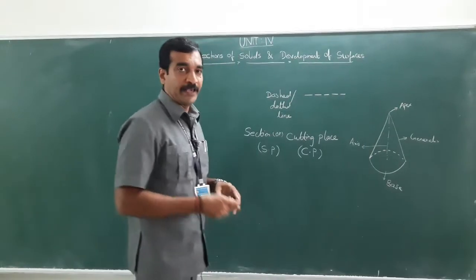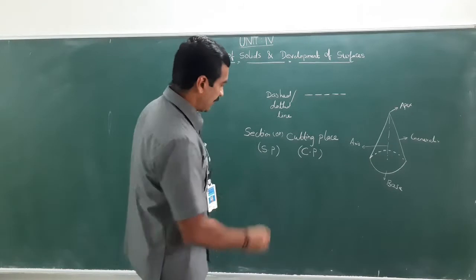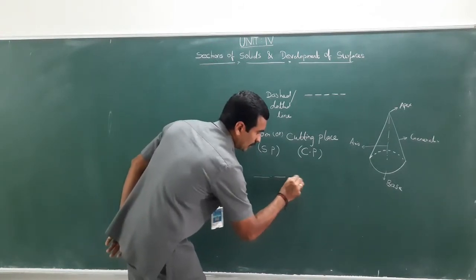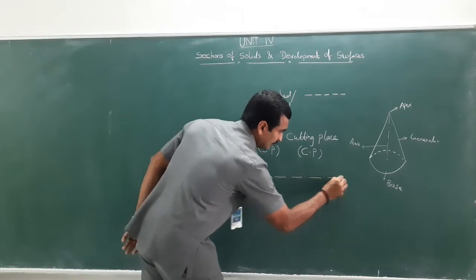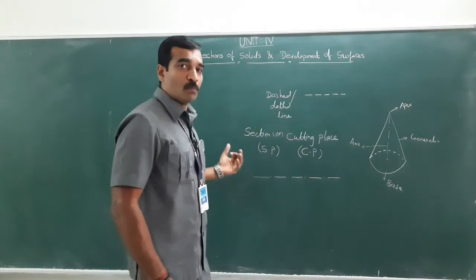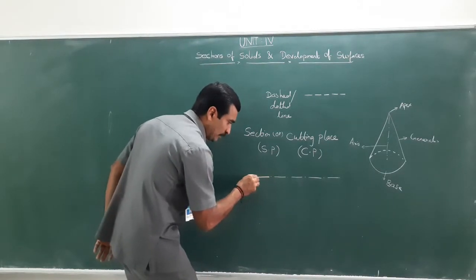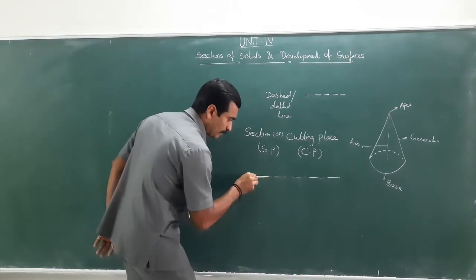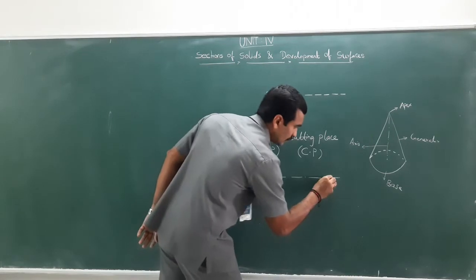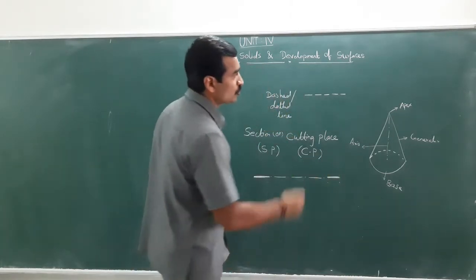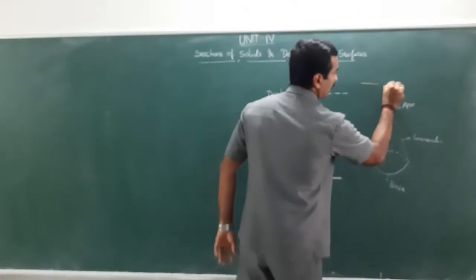The cutting plane can be represented by long line dot, long line dot, long line dot in this manner. But both the ends should be widened. See, for the center, how you used to mention long line dot, long line dot.